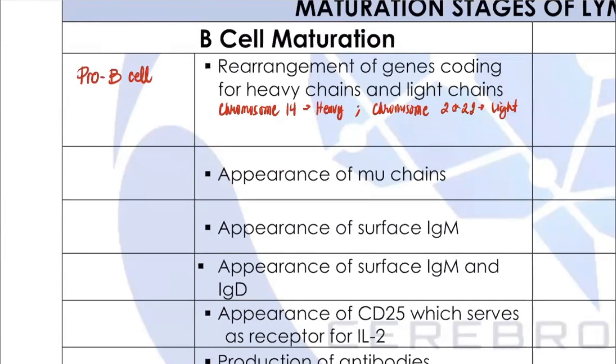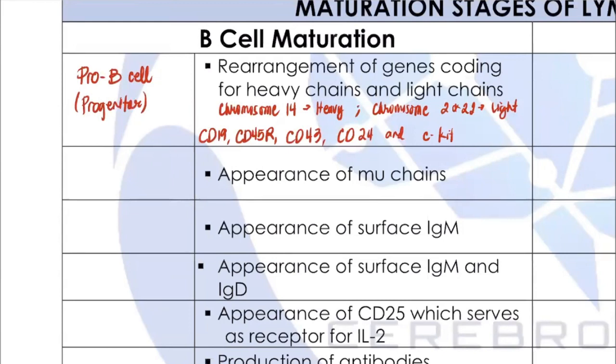We have CD19, CD45R, CD43, CD24, and the c-Kit. So these are the distinctive markers of pro-B cell. Yung term na pro-B cell, guys, that means progenitor B cell. Okay?